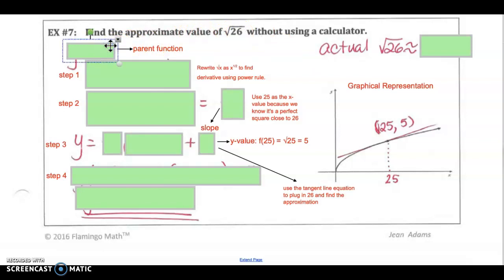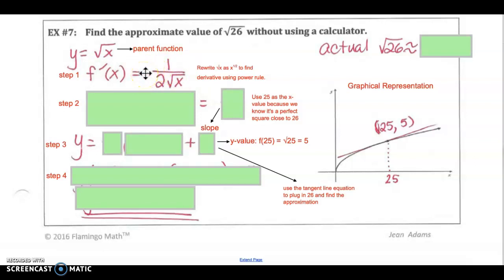So we'll say y equals the square root of x. Step 1, we're going to rewrite the square root of x as x to the 1/2 to find the derivative using the power rule. So when we bring that 1/2 down in front, you'll have 1/2 x raised to the negative 1/2. And we know that's 1 over 2 square root of x.